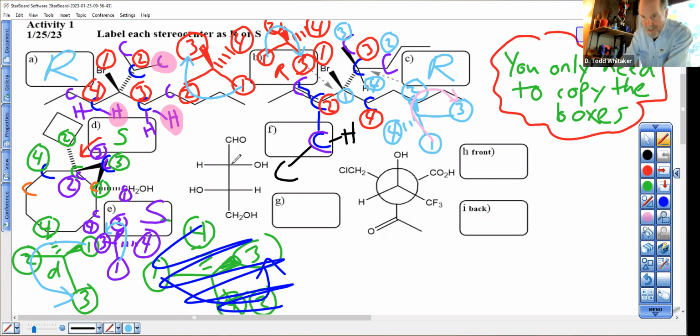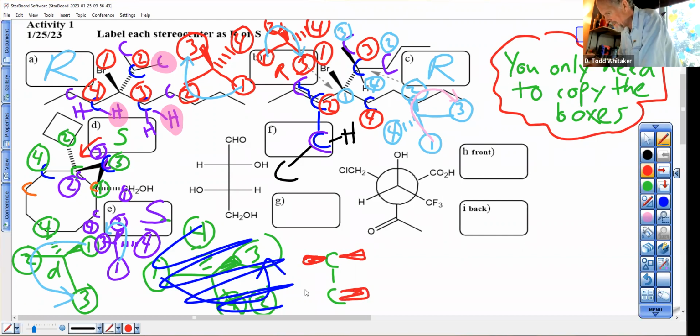And every horizontal bond is a wedge. So I'm going to redraw that molecule here. Horizontal bonds are wedges. Mr. Fisher helped us so we don't have to always draw wedges and dashes. He was one of the early discoverers of stereochemistry.